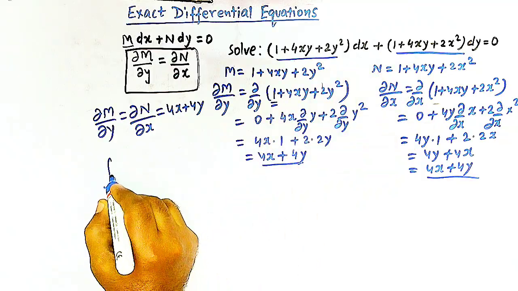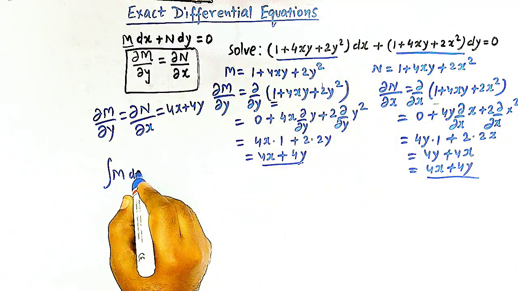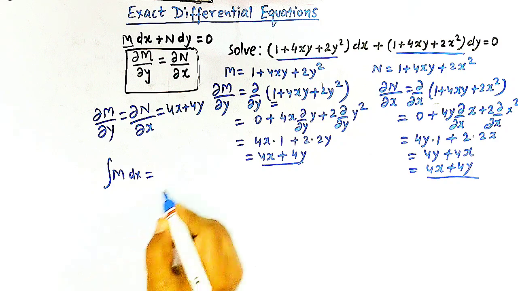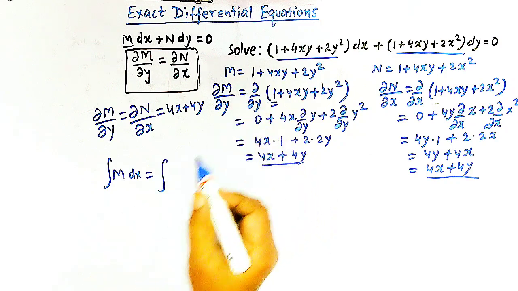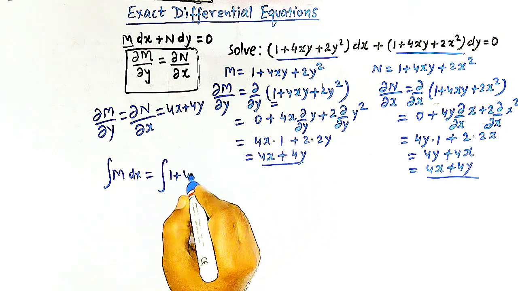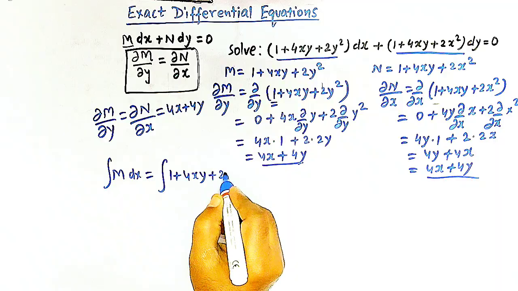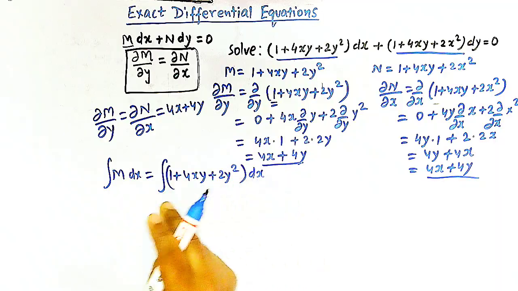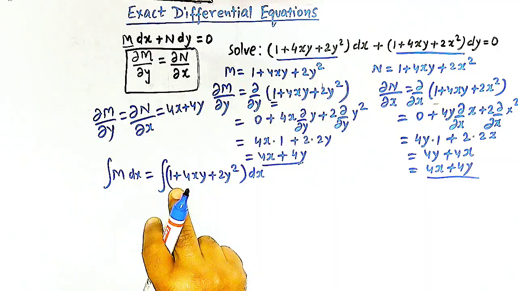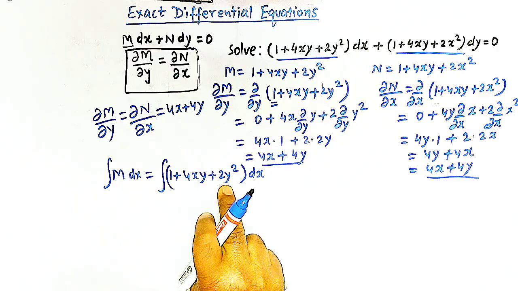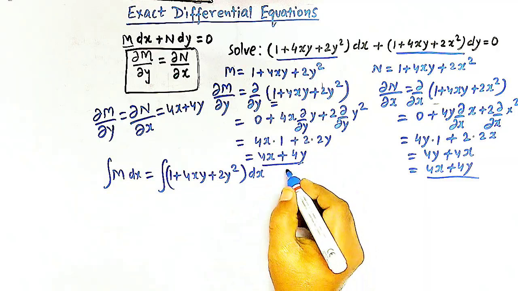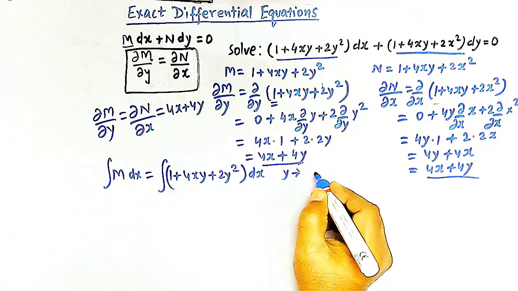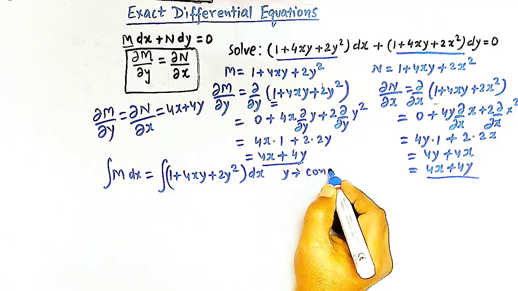So first we find the integral of M dx. Here the value of M is 1 plus 4xy plus 2y square. While integrating this expression with respect to x, we take y as constant.